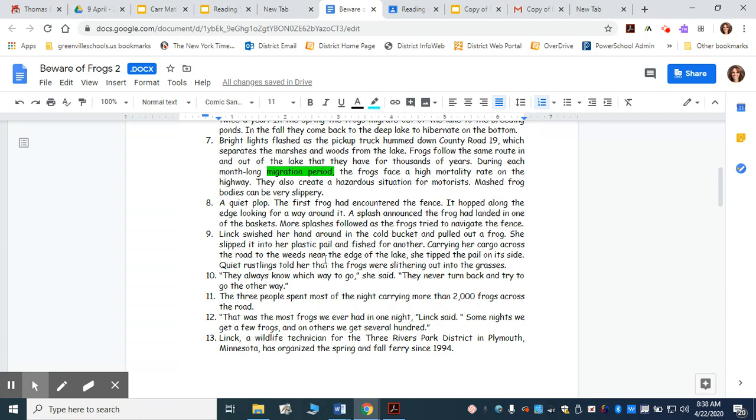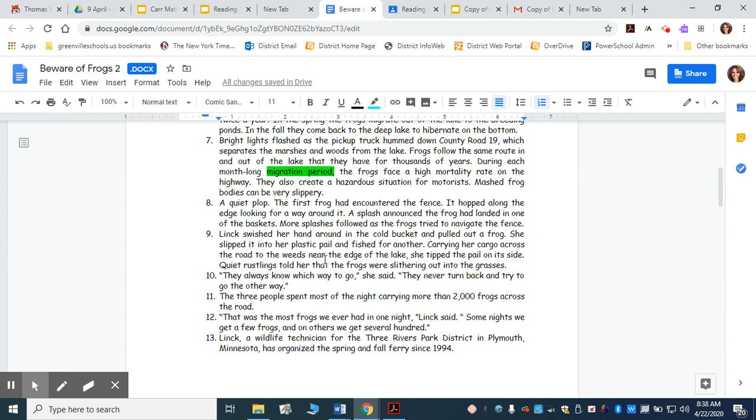So there's your main idea. Not really that difficult. We just look for some patterns that were in there. We look for repeating words, put those together, and then we use what we already know from our reading, which we've been doing since K4, and we put those ideas together and we figure out what the main idea is.